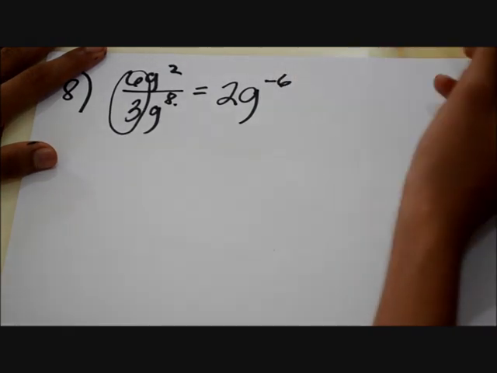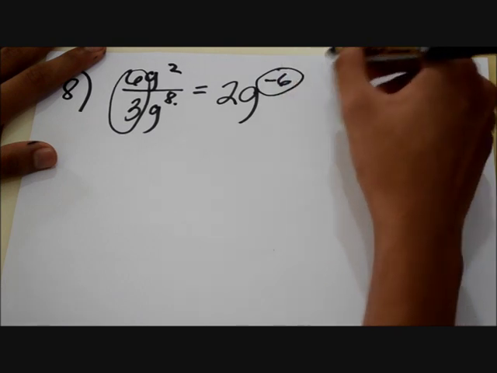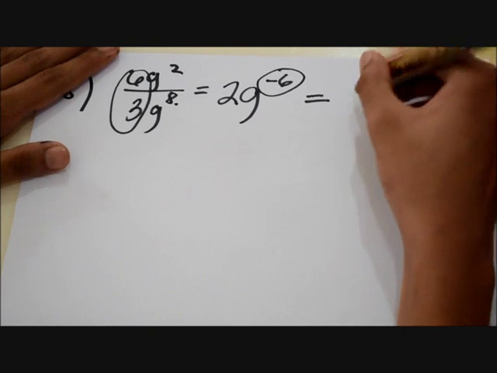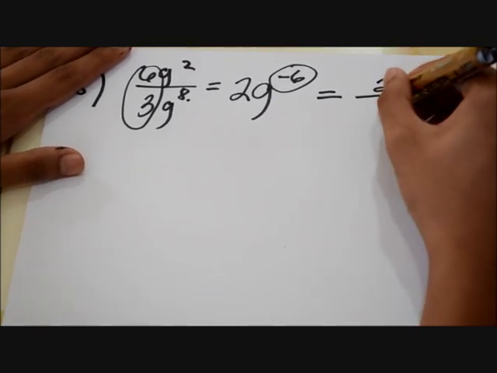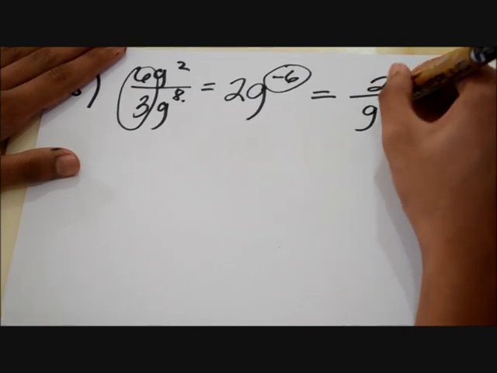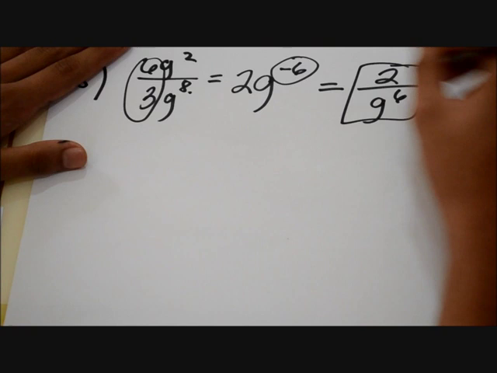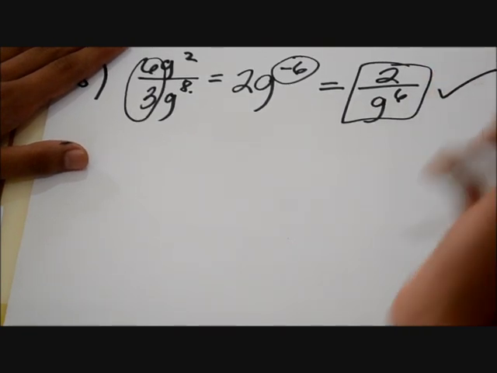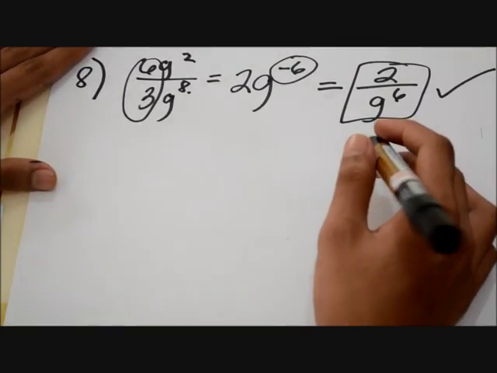And as you can see, we would get a negative exponent since 2 minus 8 would be equal to negative 6. To make it positive, we are going to make our denominator g raised to the power of 6, giving us the final quotient 2 over g raised to the power of 6.